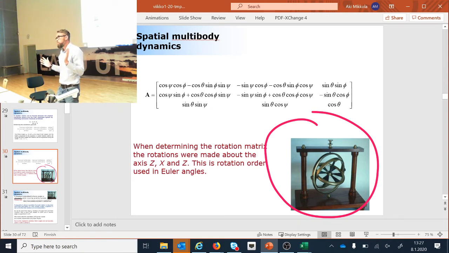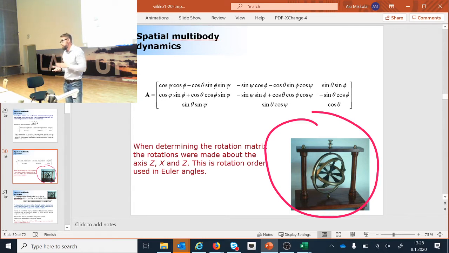Gimbal locking actually is very fundamental to understand. And again, it comes from the fact that we are using three parameters. This singularity, this mathematical difficulty, always comes into play if you're using three parameters, and there's no way to avoid it. At least so far, no one has found a way to avoid it.